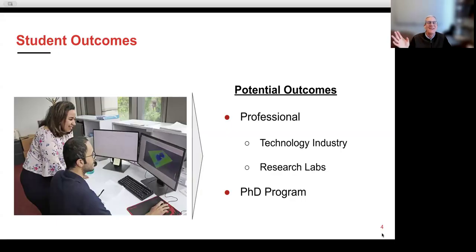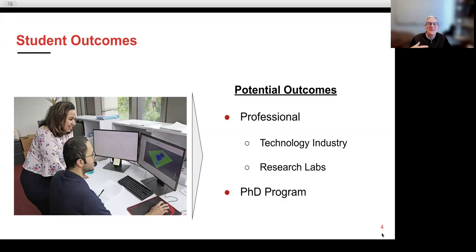And by the way, we have tremendous flexibility with people switching midway through the program. It happens all the time that people come in thinking they want to do a PhD, and then all of a sudden they see the money out in industry and decide, okay, I'm going to take the money and forget about the PhD.